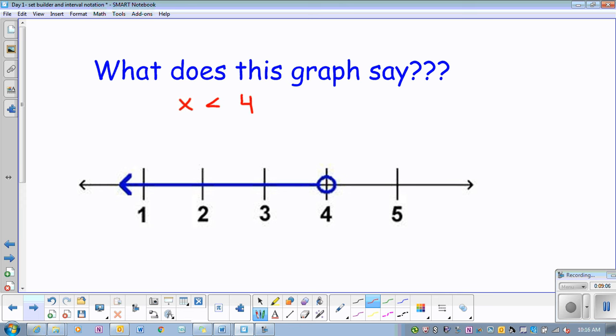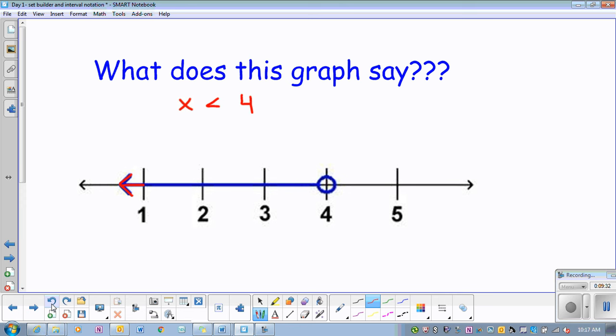By the way, if your variable is on the left side of the number, then your inequality matches the arrow. You see how your arrow's going to the left? Doesn't that look like your less than sign? Okay, so that's another little tip. X is less than 4.